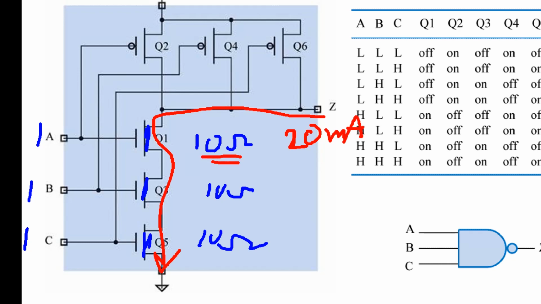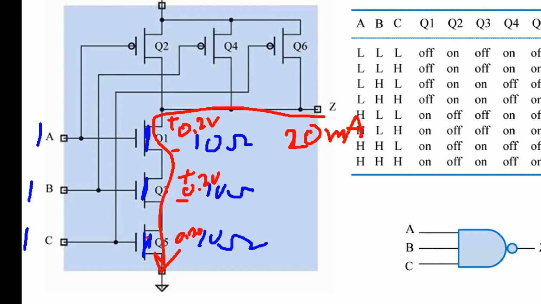Because of 10 ohm, the voltage across this one is what? 0.2, right? This one also 0.2, 0.2, if all of these have the same resistance when it's on.